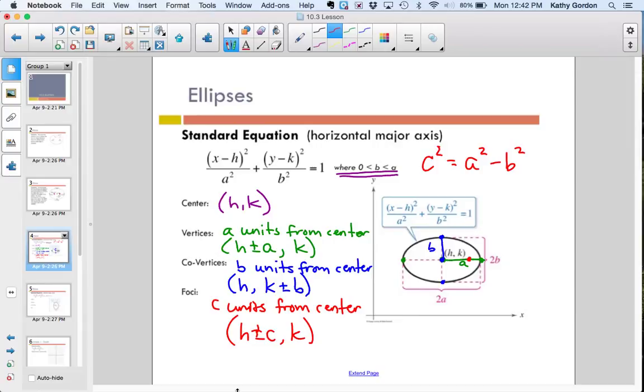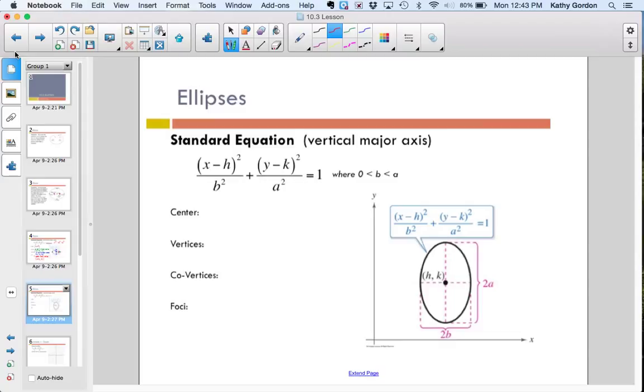Those two tell you how far to go from the center to get to your vertices and your co-vertices. And then, because it's already a squared and b squared, c squared really is just the difference of those denominators. Right? The denominators already were squared. So it's actually fairly easy to find c as well, and that will tell you where to put the foci. And just remember, foci and vertices both have to be on the major axis. Okay?